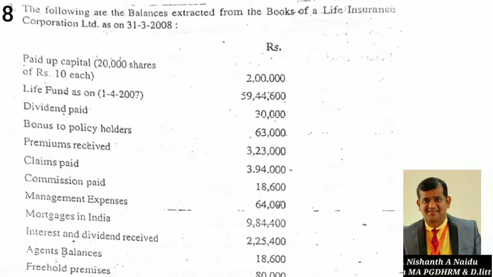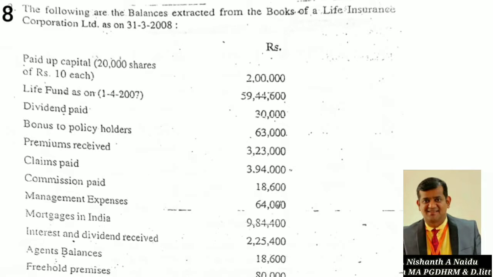The following are the balances extracted from the books of a Life Insurance Corporation Limited as on 31st March 2008. The first item, paid up capital, 20,000 shares of rupees 10 each, 2 lakh. Life fund as on 1/4/2007, 59,44,600 rupees.